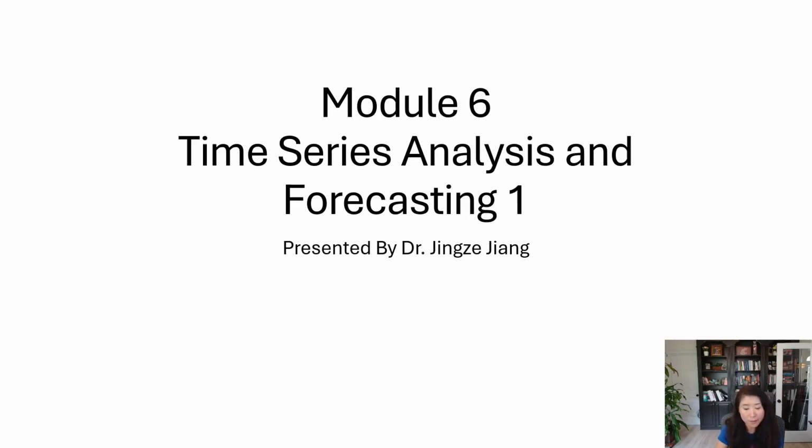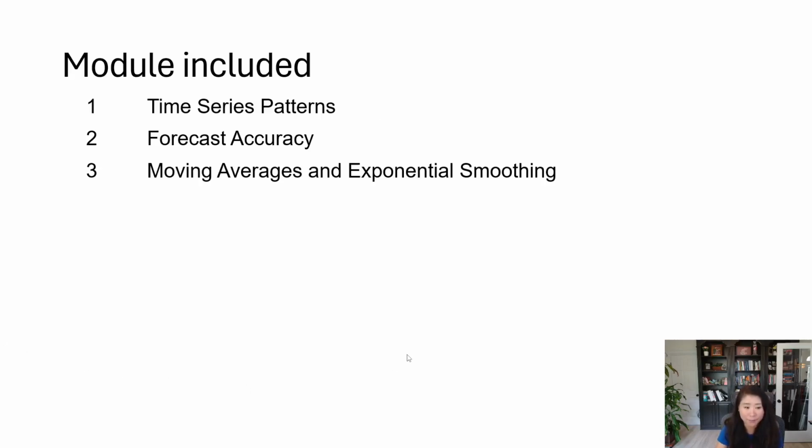As I mentioned about forecasting, in this module we will cover time series patterns. It is very crucial to be able to recognize the time series pattern using diagnostic charts, and then based on the pattern, we are able to predict the future value. Of course, you want to know how good my prediction is, right?